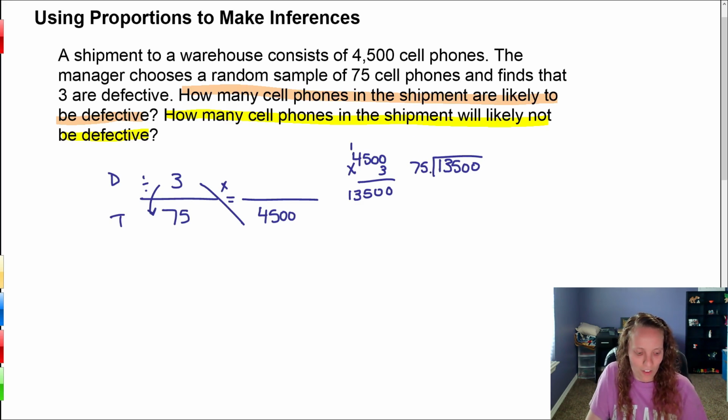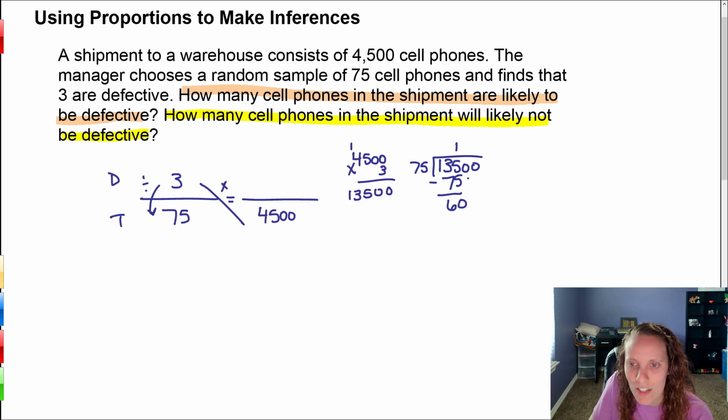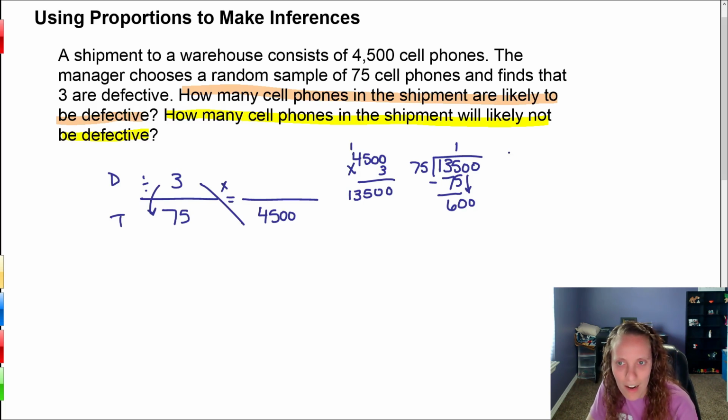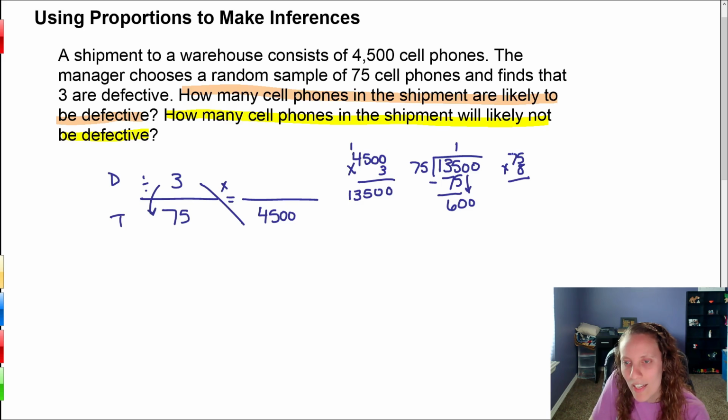I know that 75 goes into 135 one time, so we're going to subtract 75 here. 5 minus 5 is 0, and then 13 minus 7 is 6. Bring down this 0. 75 goes into 600, I think 8 times, so let's try 75 times 8. 8 times 5 is 40. 8 times 7 is 56, 57, 58, 59, 60.